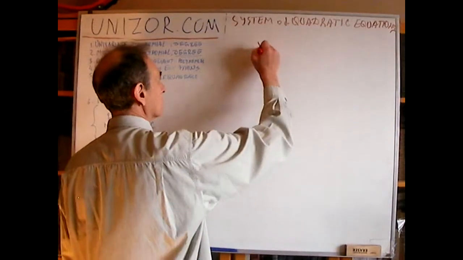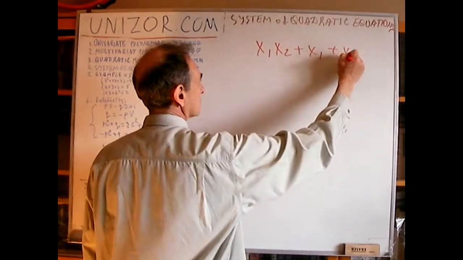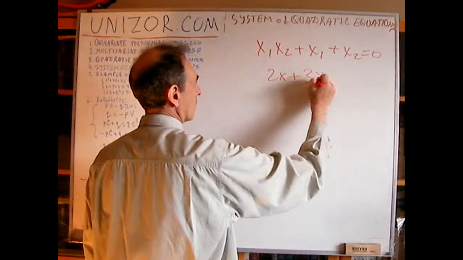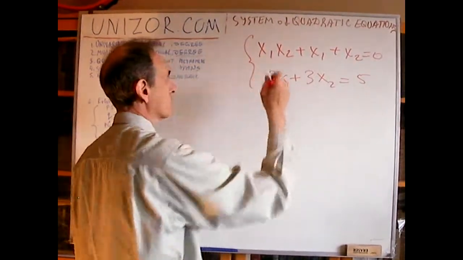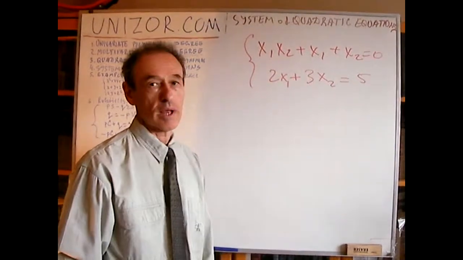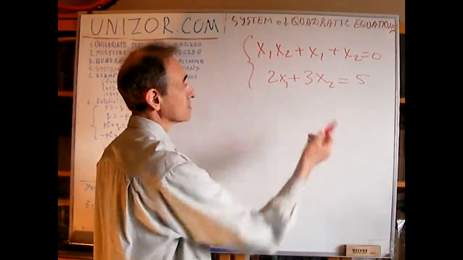So this system is quadratic. Why? Because one of the polynomials on the left of the equations is quadratic. The second one happens to be linear.